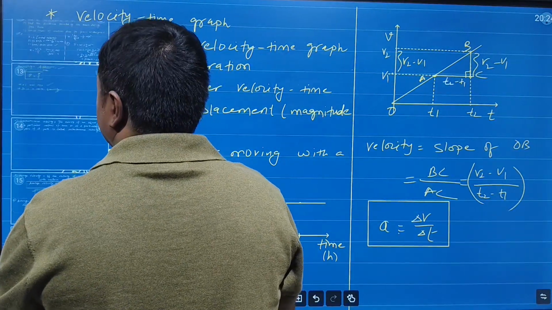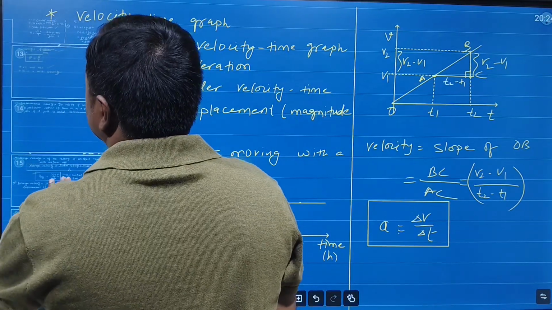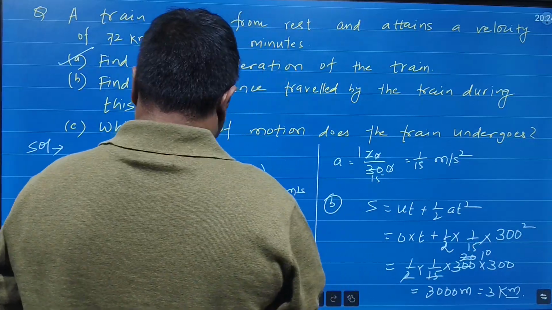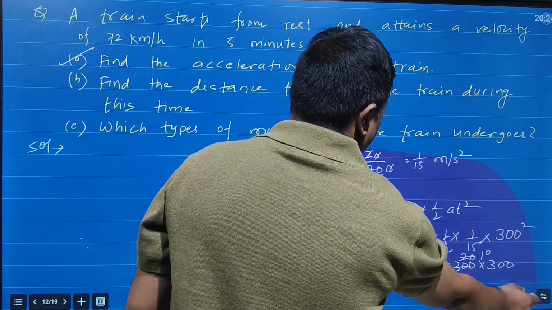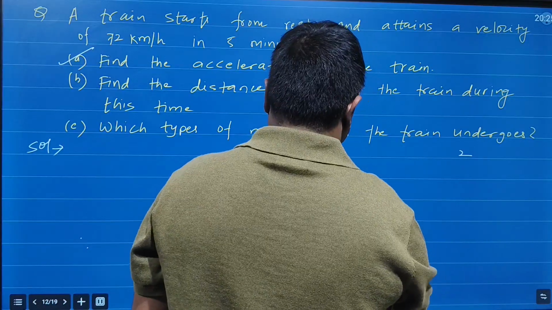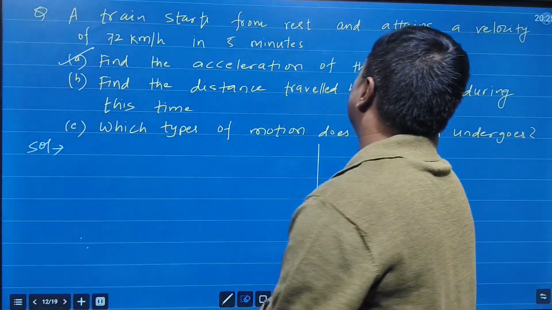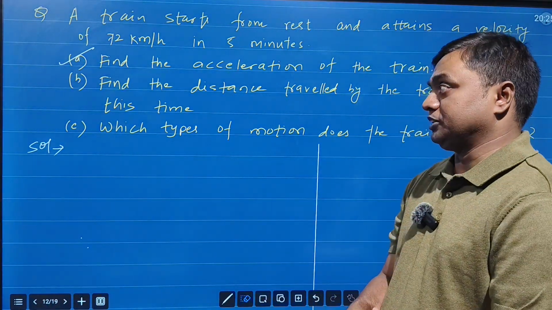Now let's do one numerical, which I told you we will do. I am going to solve it. This is also a textbook question. A train starts from rest and attains a velocity of 72 km per hour in 5 minutes.